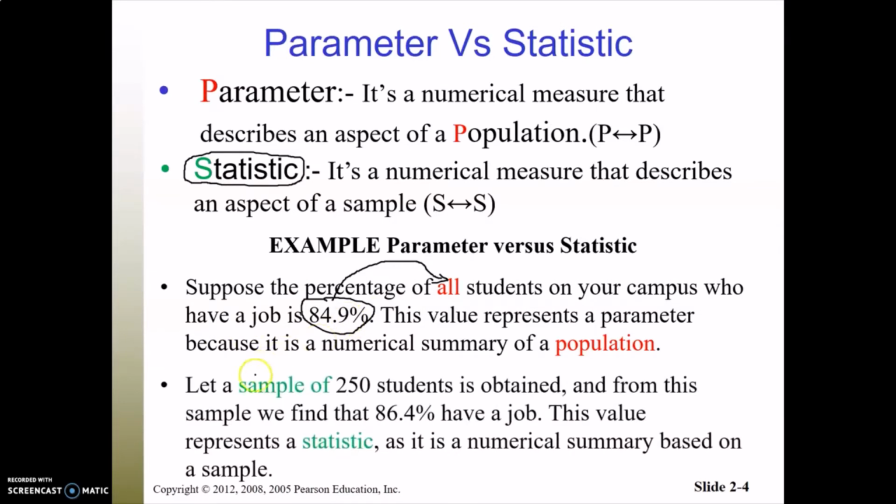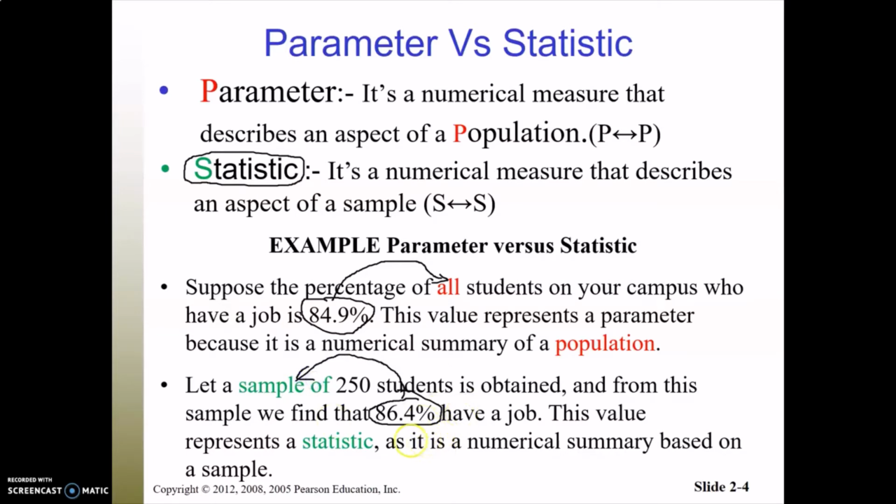On the other hand, suppose a sample of 250 students is obtained, and from this sample it was found that 86.4% have a job. This value represents a statistic. Why? Because this 86.4% belongs to a sample of 250 people.